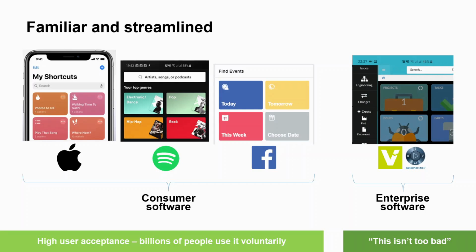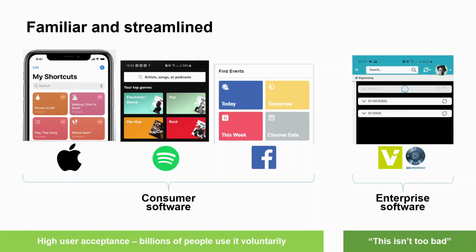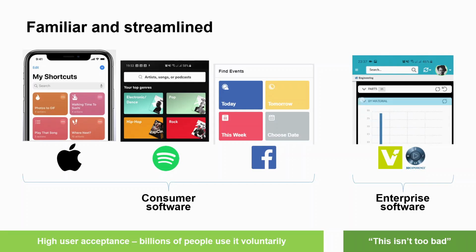And hopefully we can come to the point where we are getting user acceptance to the level of "this isn't too bad, it feels a bit familiar and I can work in the system quite easily with no training needed."